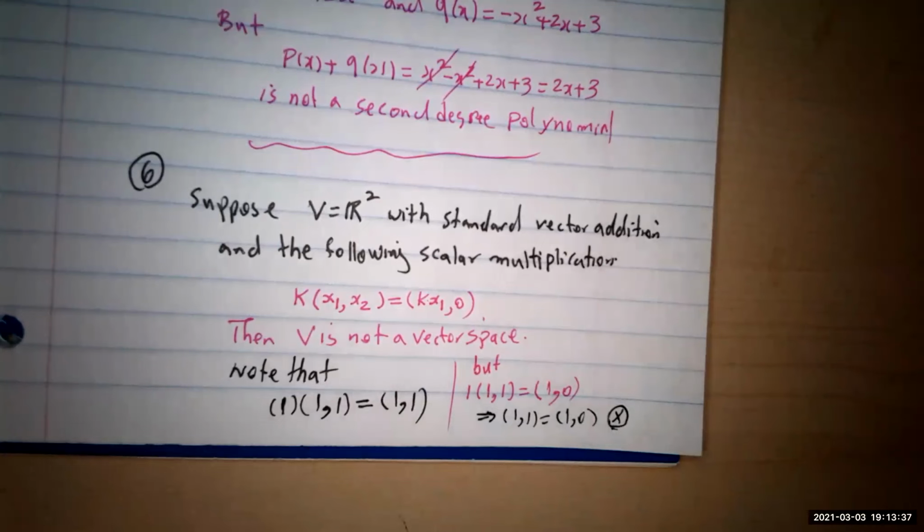So this is not a vector space because it's not closed under the scalar multiplication.